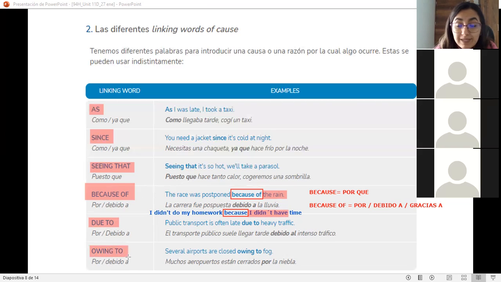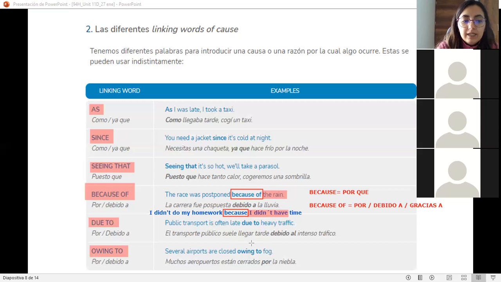Sí, estas dos últimas significan exactamente lo mismo y es debido a, ¿no? Por. Ambas igual van a ir acompañadas de un sustantivo. No, public transport is often late due to heavy traffic. Si el transporte público generalmente llega tarde por el tráfico, debido al tráfico.